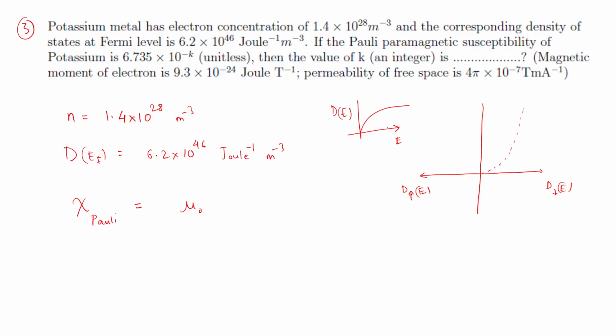Earlier the density of states would be something like this, but now as you switch on the magnetic field, and the magnetic field is along the up spin direction, meaning the spin is aligned along the magnetic field, the density of states will just shift.